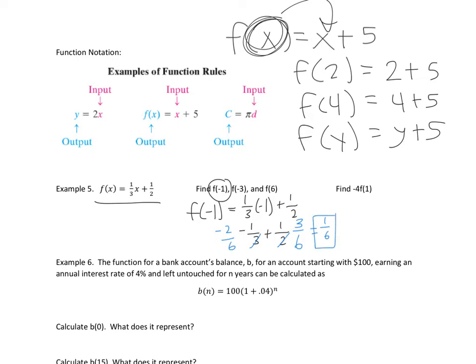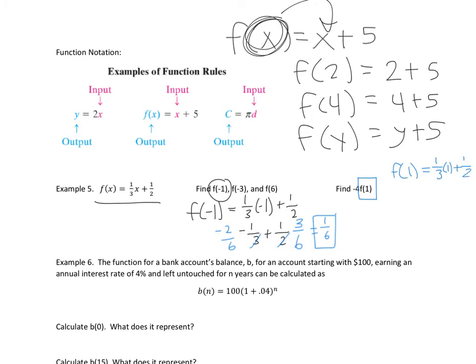So you can go ahead and do negative 3, plug in, 6, plug in. Now what this notation means is I'm multiplying negative 4 times f of 1. So first I do f of 1 and then I multiply it by negative 4. So f of 1 equals 1/3 times 1 plus 1/2.